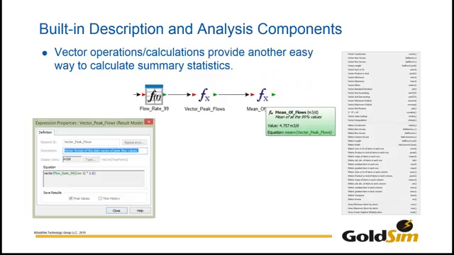You have right click and you can have access to a whole range of built-in array, matrix, vector operations. The example shown here is something we will continue to look at as we look at a few model library models, but you see we have a time series, and that's this flow rate 99 time series. And that time series object is converted to a vector.